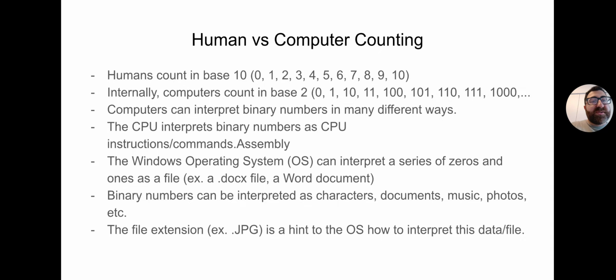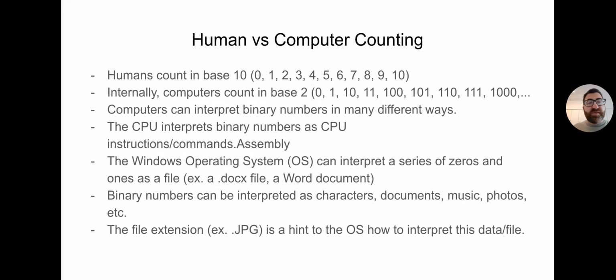But then it would go 10, which is equivalent to the human number 2, 11 is equivalent to the human number 3, 100 is equivalent to the human number 4, and then it goes on. 101 is equivalent to the human number 5, 110 is equivalent to the human number 6, 111 is equivalent to the human number 7, 1000 is equivalent to the human number 8.